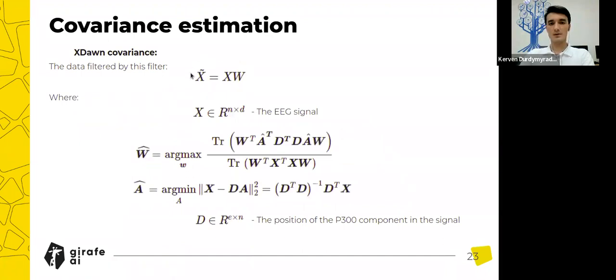This is our filter: our initial signal is multiplied by this filter W, and with it we filter our data.